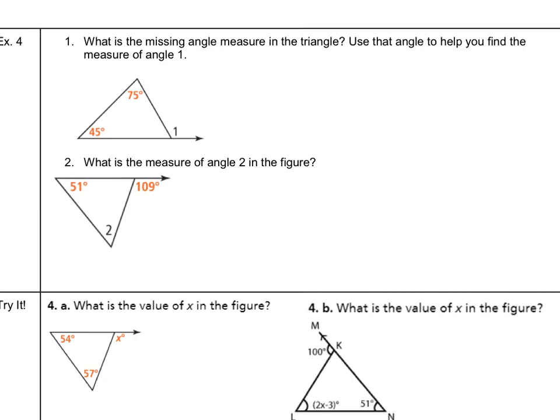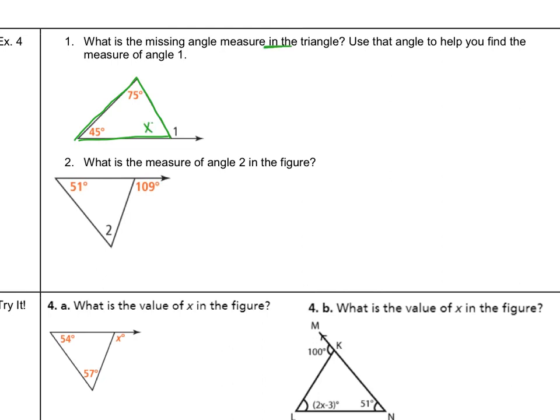Let's now take a look at the exterior angle measure theorem. Our first example, it says, what is the missing angle measure in the triangle? Use that angle to help you find the measure of angle 1. So if we're just looking at the inside of our triangle right here, to find that missing angle on the inside, I'll call that x. We'll just name it a variable.